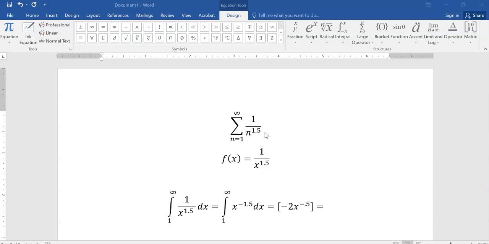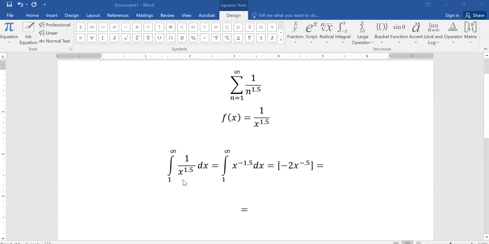So this infinite series, 1 over n to the 1.5 power, think function is 1 over x to the 1.5 power. We're going to integrate that function from 1 to infinity. Sometimes it's easier to think of integrating from 1 to infinity of x to the negative 1.5.